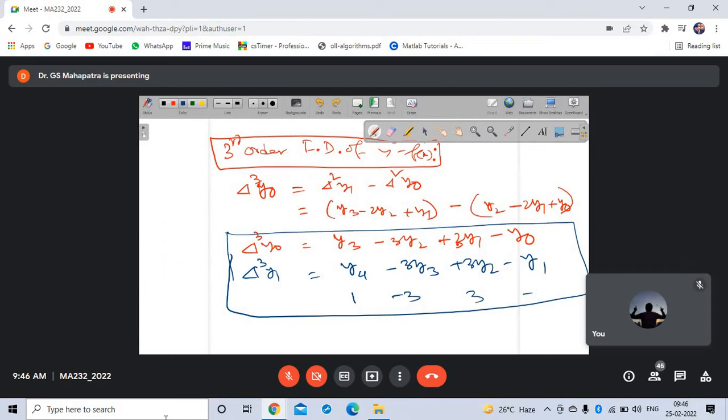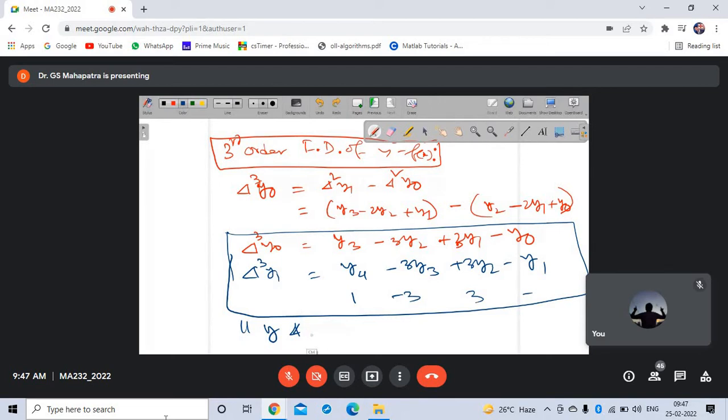Similarly, we can find higher order differences. You can find the others also. In that case you can similarly find del 4 y, I will not write y0 or y1.